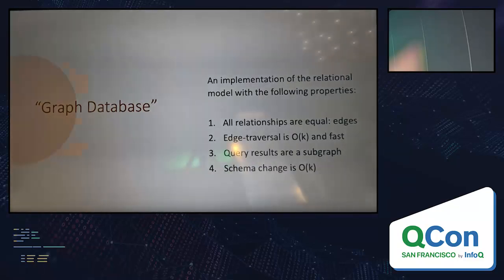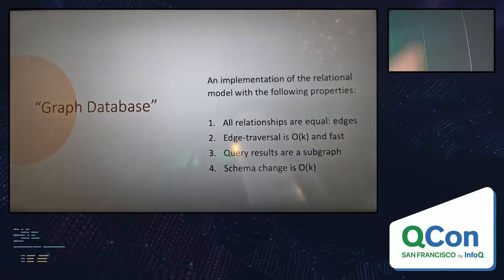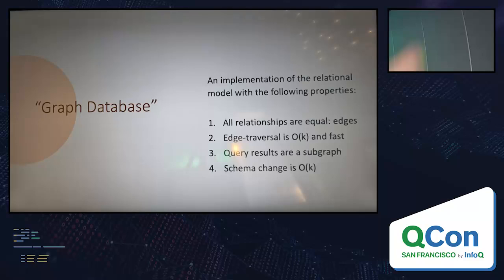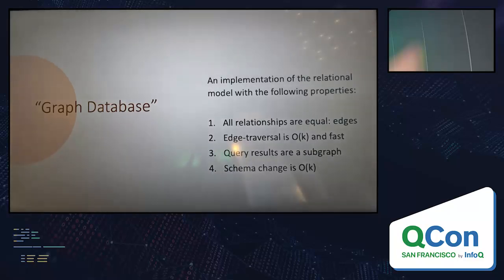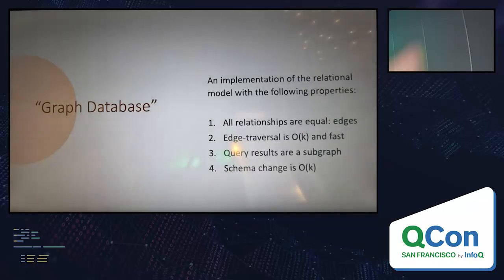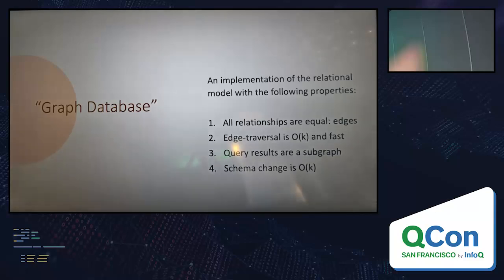And lastly, schema change is constant time. If you think of it like a general model for a serving system, it's a materialized view, right? Like I did some fancy query, and then I just want to save it, and then when you ask something, I just look up a row and give it back to you. So what we're saying with this is, no, you can't cheat.